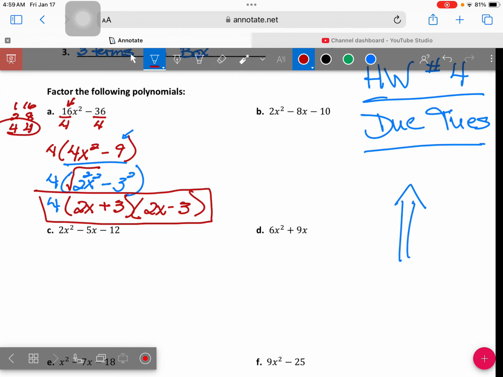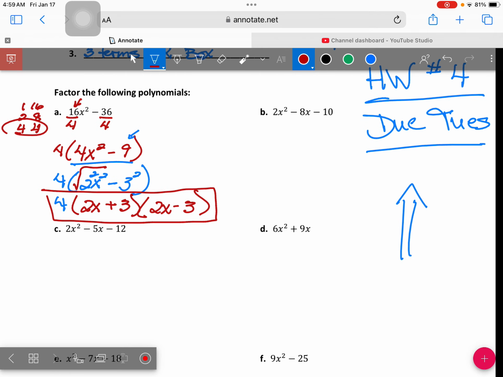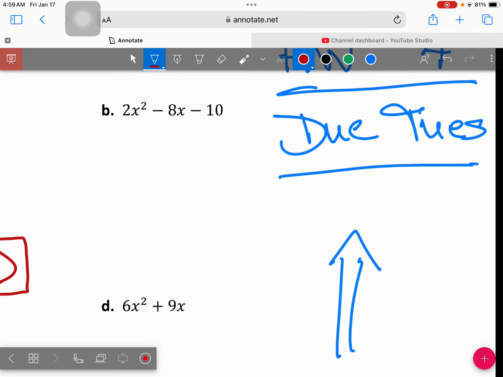All right, looking over at B, it is a trinomial. So first I'm going to check for greatest common factor. I see they are all even numbers, so I am going to divide by 2. That means 2 is my very first factor, and when I divide, I get x squared minus 4x minus 5. All right, and now I'm going to do my ABCs for my trinomial.